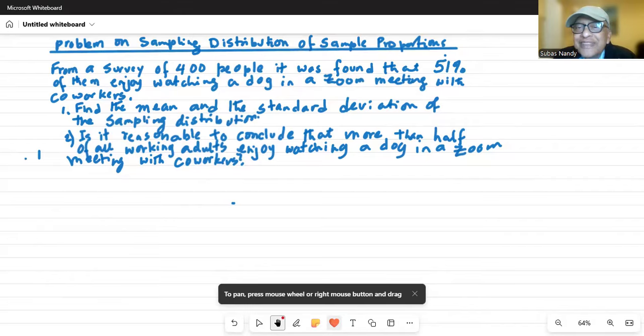This is a problem on sampling distribution of sample proportions. For those of you who have no idea what a sampling distribution is, it is basically a probability distribution, and in this case the variable whose probability distribution we are describing is a sample proportion of success.